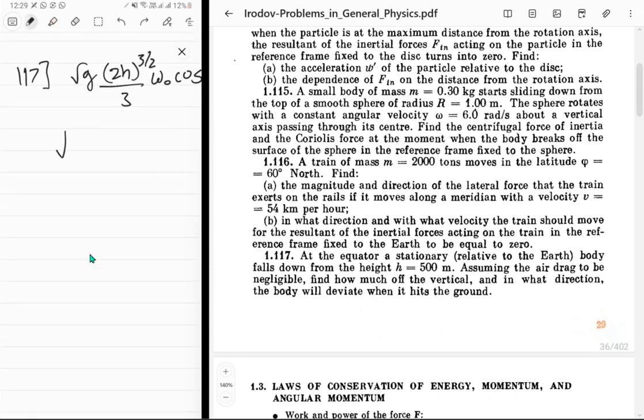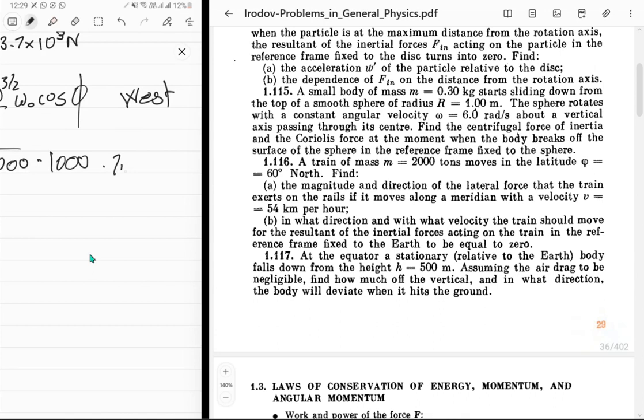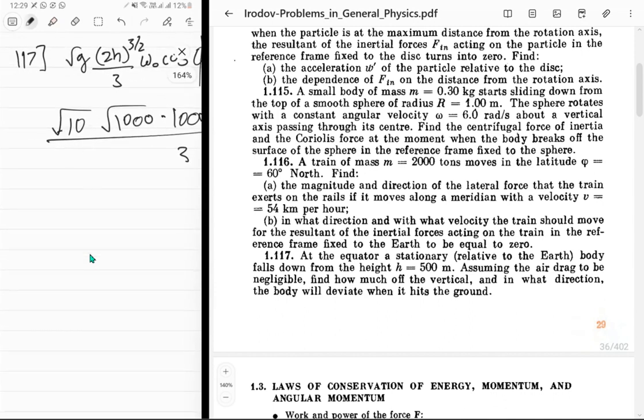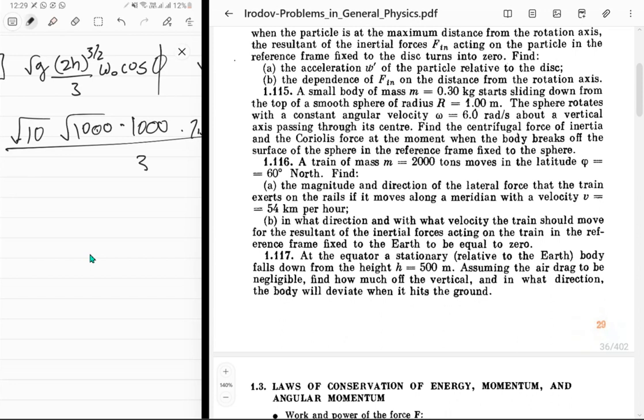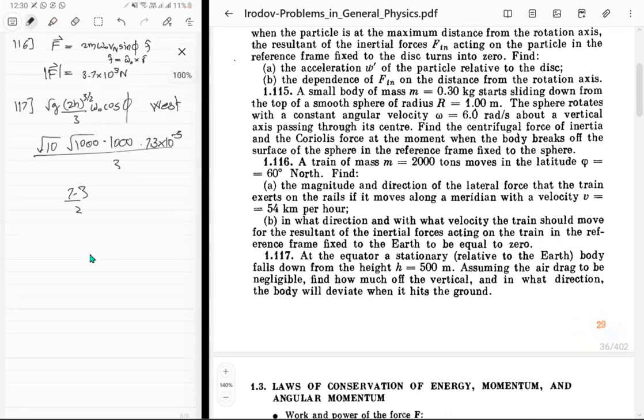Square root of 10 approximately, and then you've got 1000 to the power 3 upon 2, like square root of 1000 times 1000. Omega naught is 7.3 into 10 to the power negative 5. Cosine phi is just gone, and that thing upon 3. So this is 10 to the power 4, square root of that is 10 to the power 2. So 10 to the power 2 times 10 to the power 3 is 10 to the power 5. This cancels, perfect. So just 7.3 upon 3, these many meters.